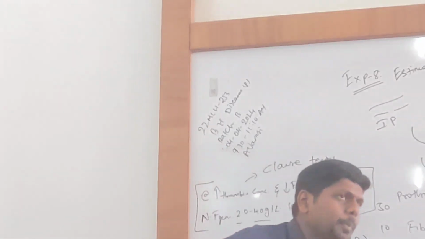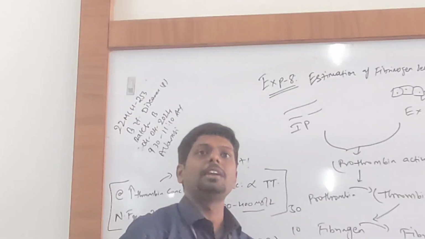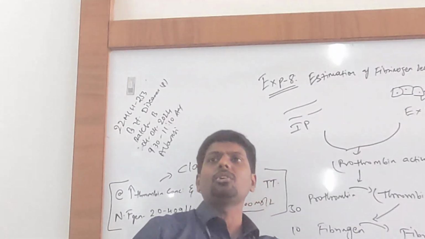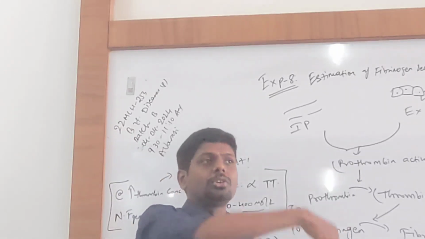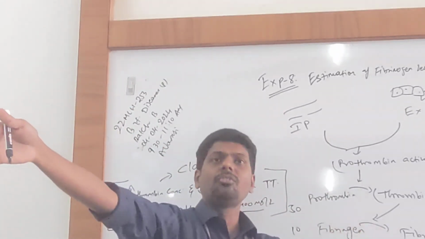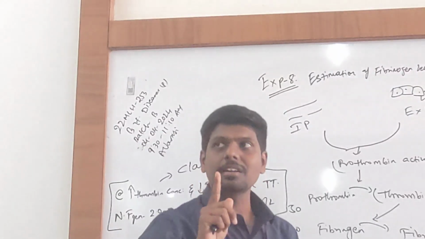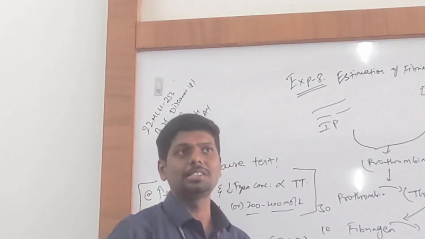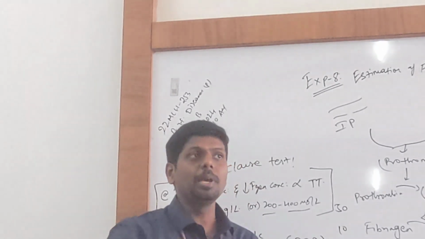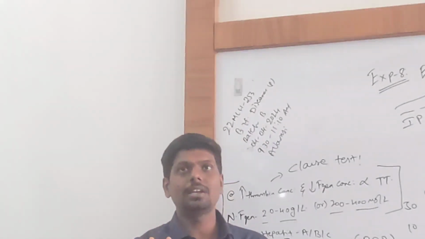In a severe multiple clot condition, the fibrinogen levels will be reduced because fibrinogen was converted to fibrin. What is my point? Since fibrinogen is utilized as fibrin, the levels of fibrinogen are reduced in the plasma. So if we detect reduced fibrinogen levels, that is a very serious concern, a serious issue in the body. The patient might be suffering with multiple clots in the body. That is not at all a good sign.